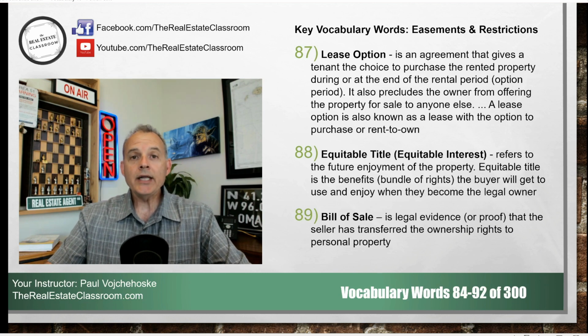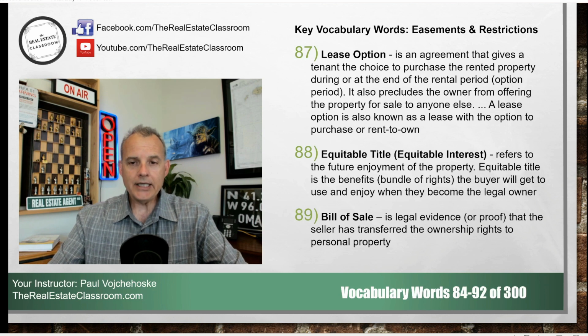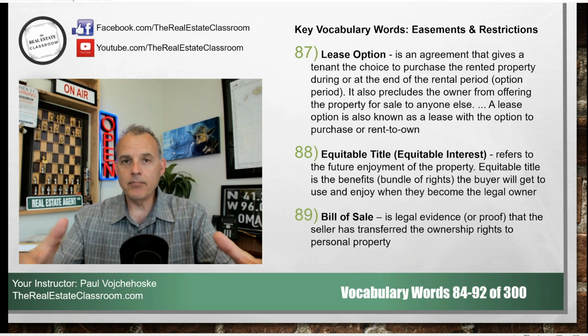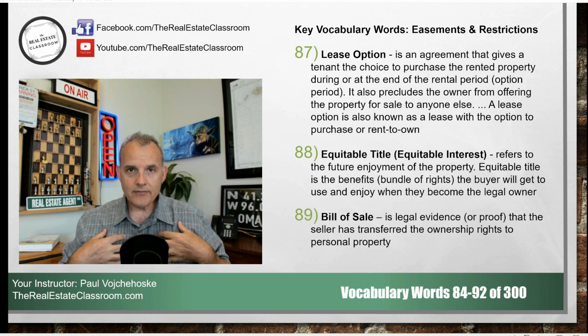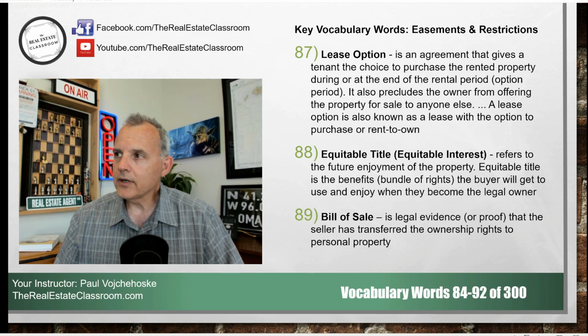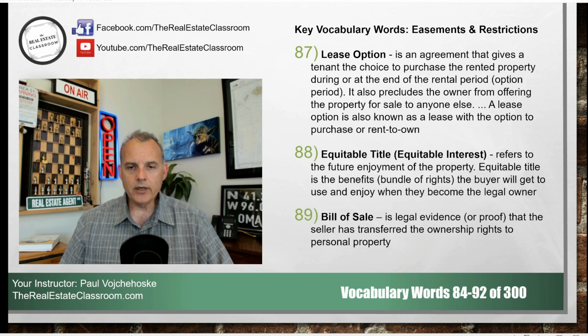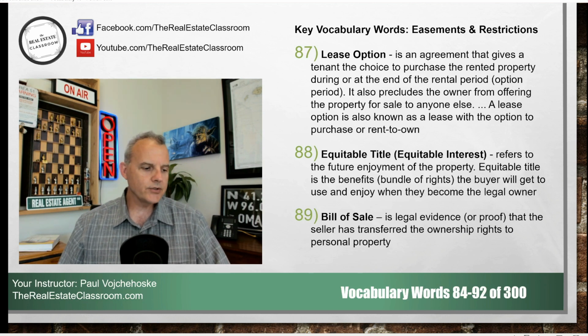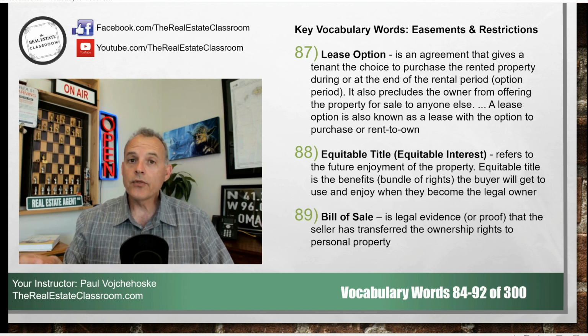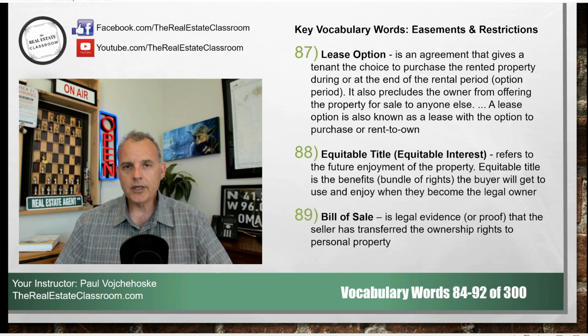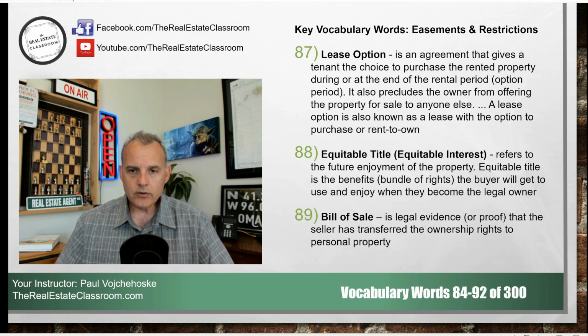Remember, that means when it closes, you're going to enjoy all the future benefits, the bundle of rights that I have. I'm going to transfer those to you. So in a sense, it's a future ownership, if you will. It establishes future ownership, but it technically and legally refers to the future benefits through that ownership that you're going to get when you close on the transaction and purchase my house.